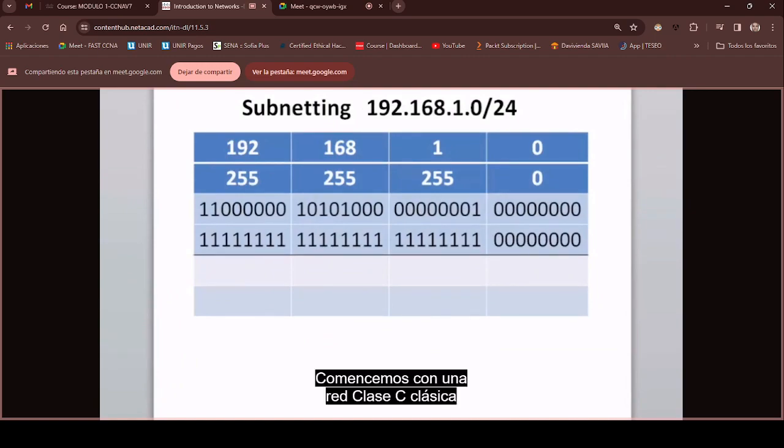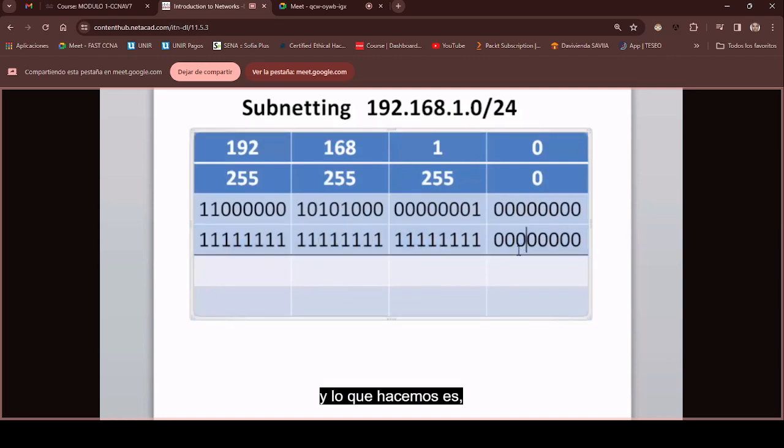Let's start with a classic Class C network like 192.168.1.0 with a /24 or 255.255.255.0 subnet mask. If we want to subnet this 192.168.1.0 network, what we need to do is go into the subnet mask in binary, which we can see on this row right here. And to change the subnet mask, we borrow bits from the host portion of the address.